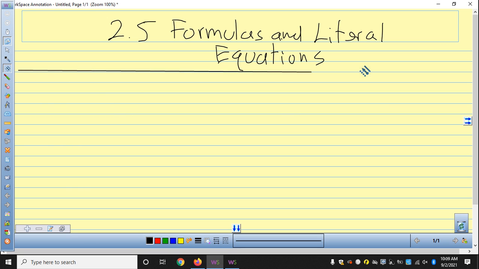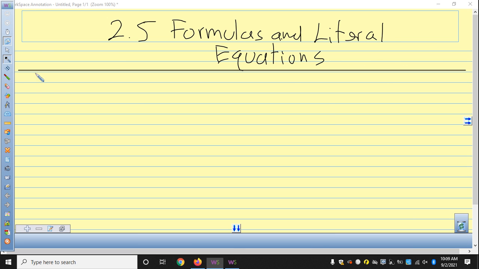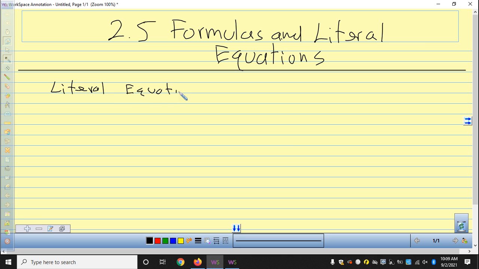So a literal equation is just one with two or more variables. So it might have an x and a y, or an a and a b, or an O and a P, something like that.